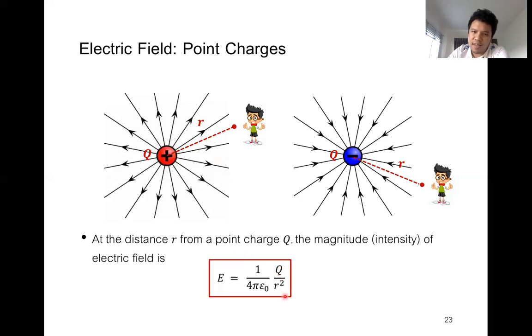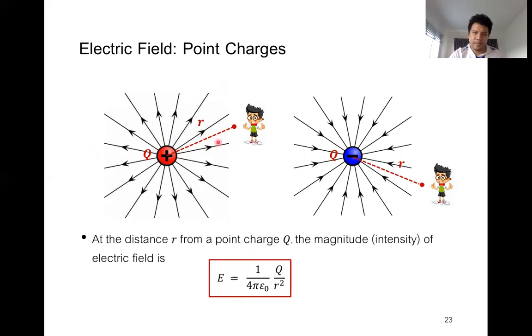So at a further distance R from Q, the electric field will be weaker, which you can see from the less intensity. But if you come closer to the charge, you can see higher intensity of electric field, so the value of E will become higher.